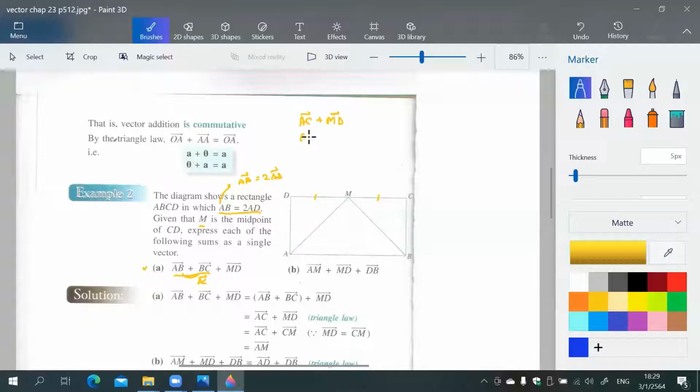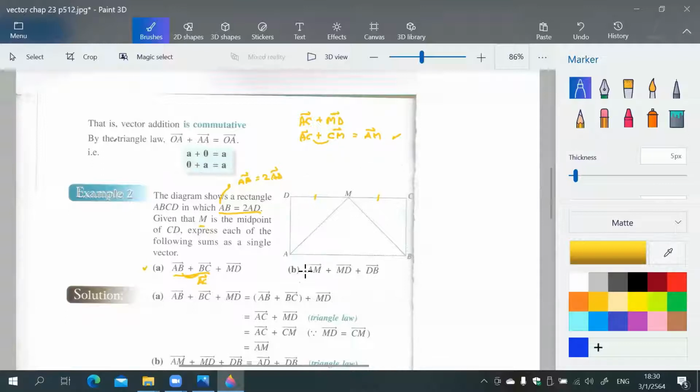So we write AC plus, MD equals vector CM. You see the common point C, then this one equals AM. So that's the final answer.